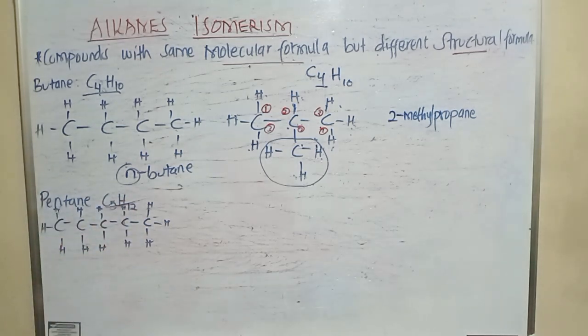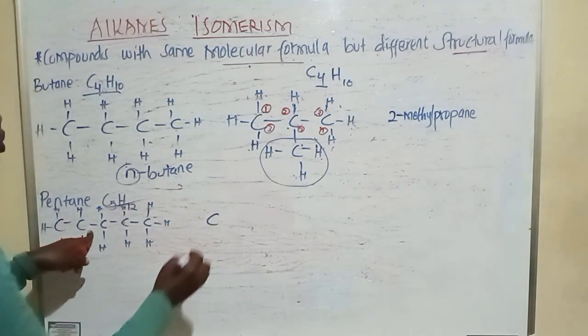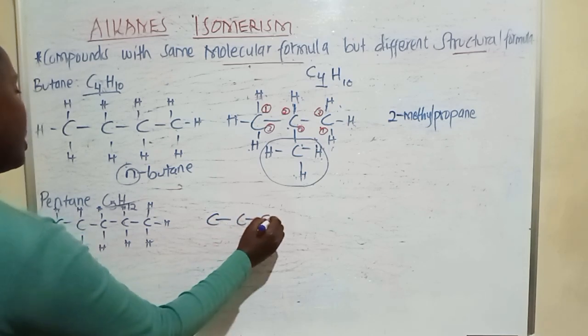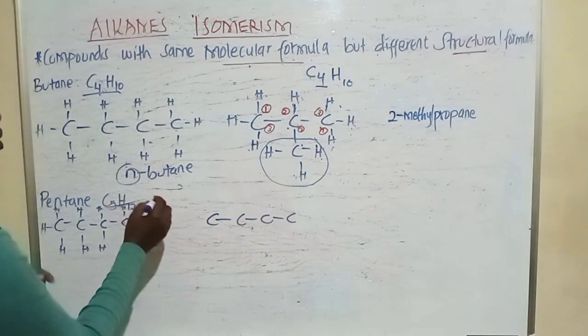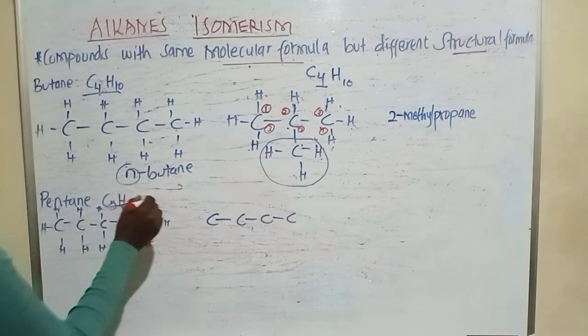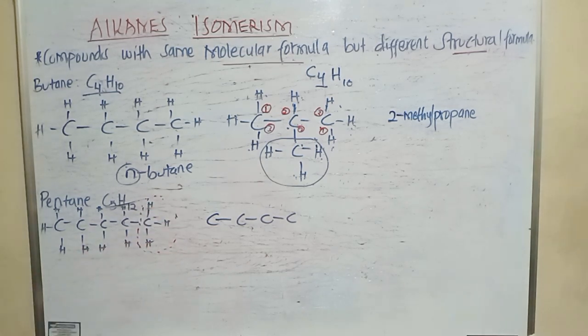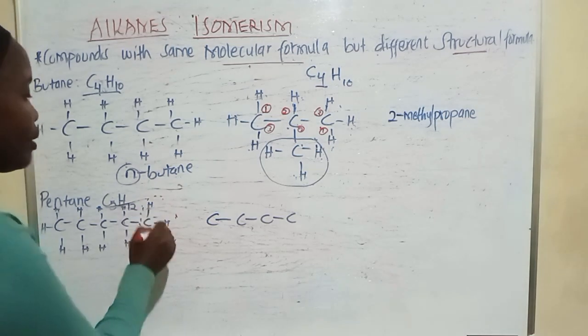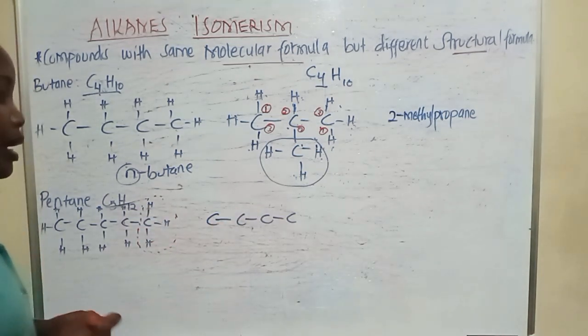So we can first write the first one. You can have 1, 2, 3, 4 carbon atoms, and we can have this methyl group, this last one, detaching and reattaching in one of our carbon atoms here.